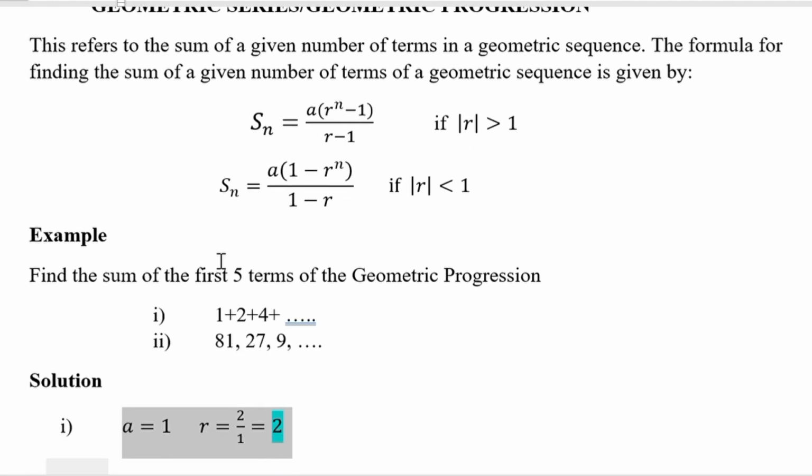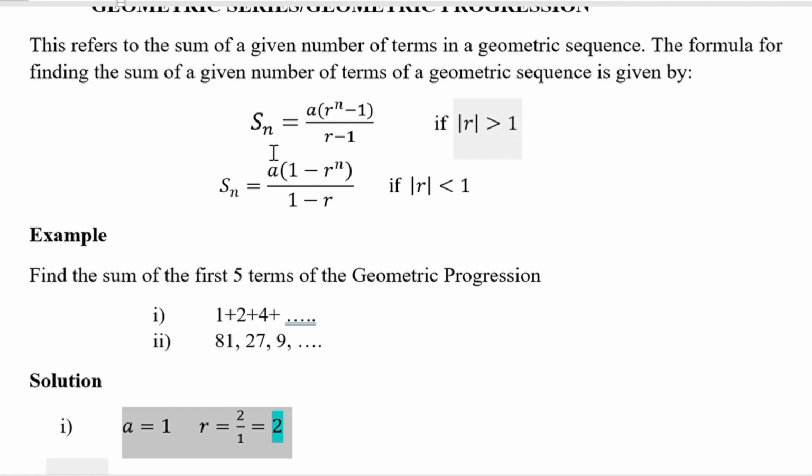you realize the first term A is 1 and the common ratio is 2 divided by 1, or you can say 4 divided by 2. If you do that, you get a common ratio of 2. So this 2 is greater than 1, and therefore we shall use the first formula here, because this is the one we use when the absolute value of R is greater than 1.